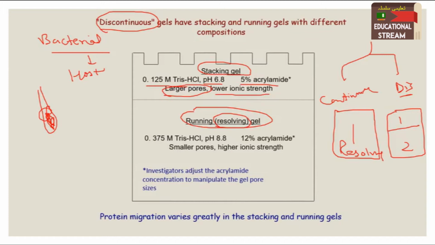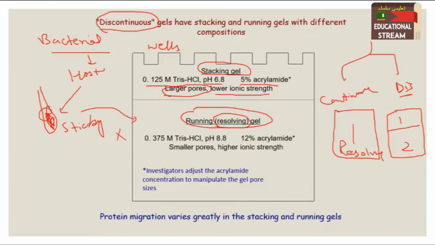So the stacking gel is used to stack the samples. These are the wells in which the sample is loaded, and when we isolate the proteins of the bacterial host, this material is very sticky, and if we directly load this sample on the resolving gel, that is, if we skip the stacking gel, then the movement of all the samples will not be uniform.